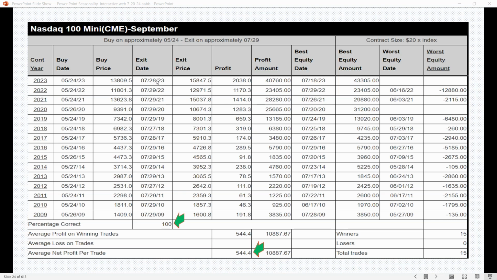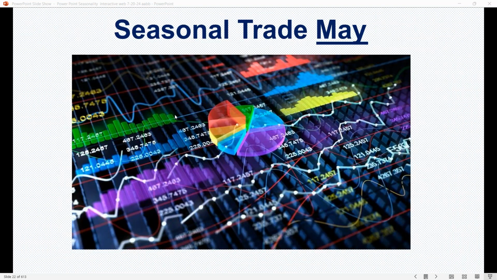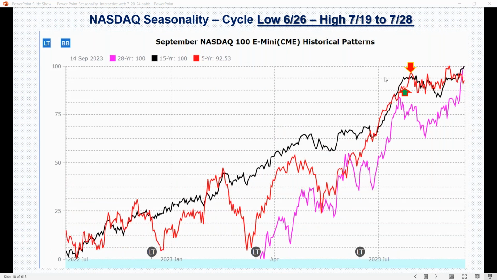I use the seasonals as the step to look at potential big trades coming up, but then I use the indicators for the entries and exits. So you can see here, just marked on the seasonal, they just mark it all the way into the end of July, which aligns with that seasonal pattern. Look at that. So here's the NASDAQ 100 right there, July 28. See that?